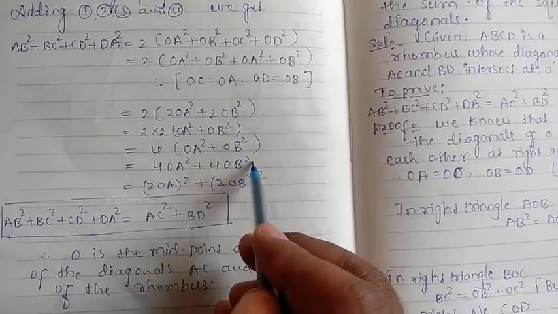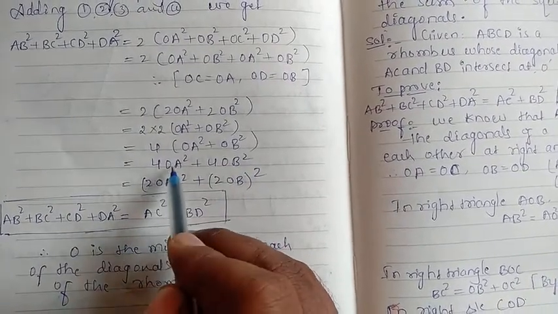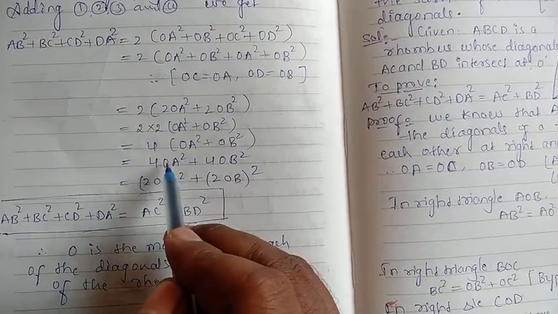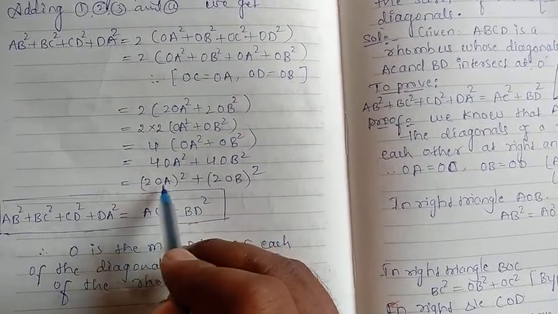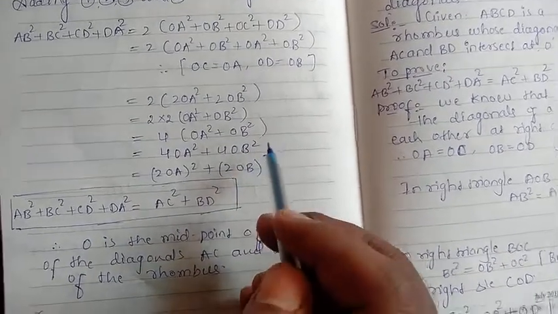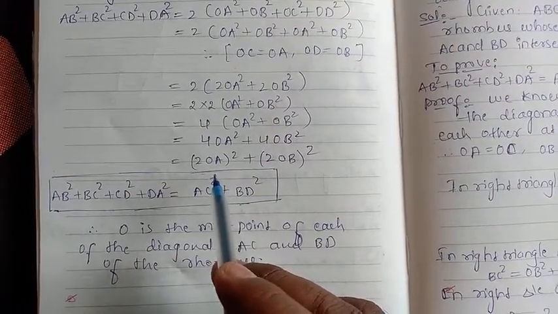Correct children? 4 is the square of 2, so you write in the bracket 4 into OA whole square plus 4 into OB whole square, correct?